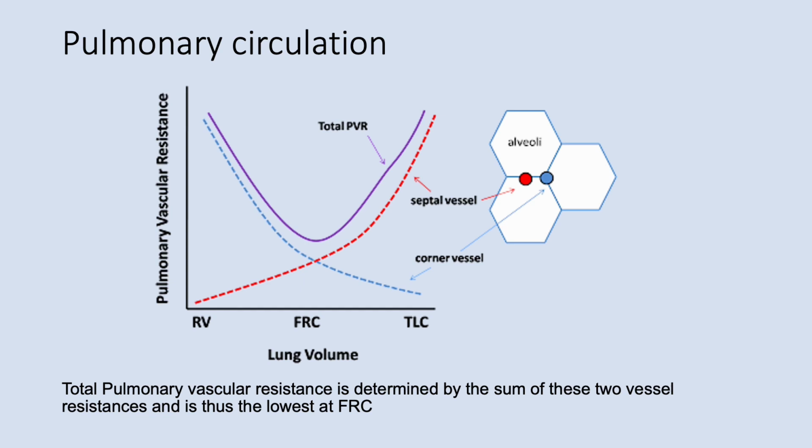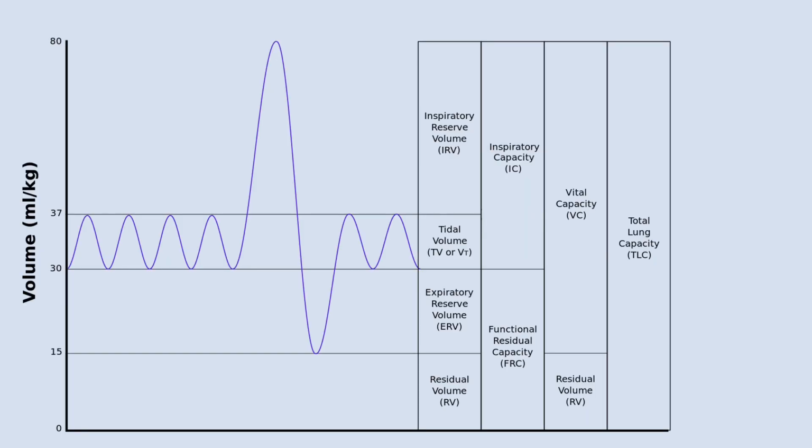So you want a PEEP that gives you around tidal volume, so there will be no much compression of the septal vessels and no much compression of the corner vessels. Okay, this graph is just to remind you about the functional capacities and other lung volumes.